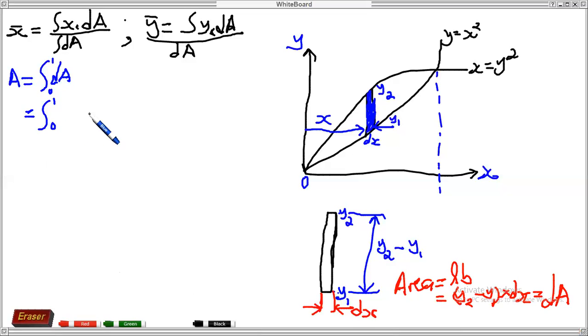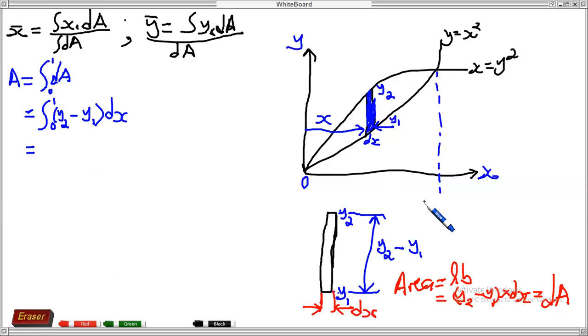So you can actually put that equation here. You say it's equal to y2 minus y1 dx. So this is what we're going to integrate from 0 to 1.